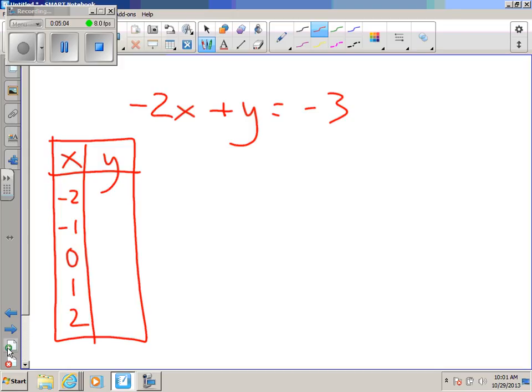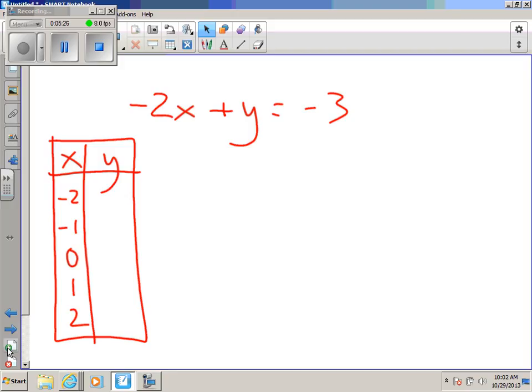Now, I've got a couple options. If I move y right now, I'm going to have to subtract it, and I'll end up with what kind of y over here? Do I want a negative y? Let's keep that where it is. Let's get rid of this negative 2x. How am I getting rid of a negative 2x?